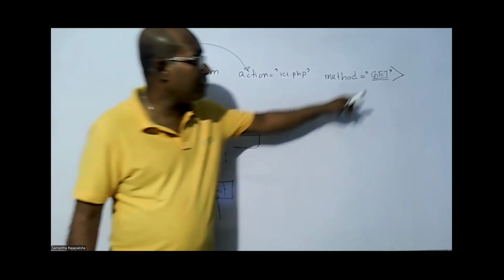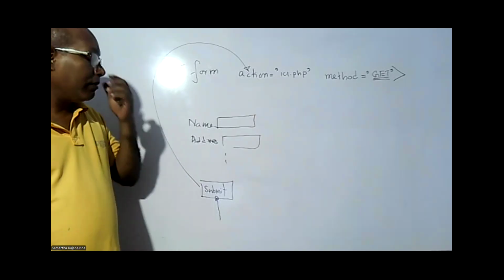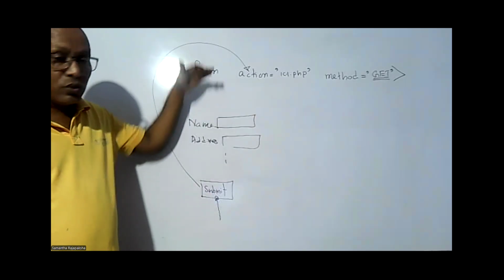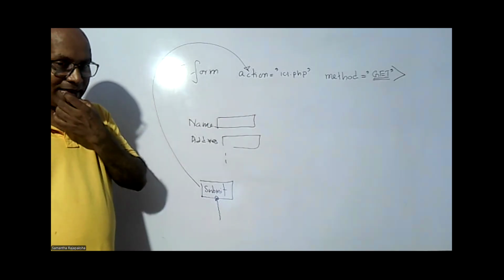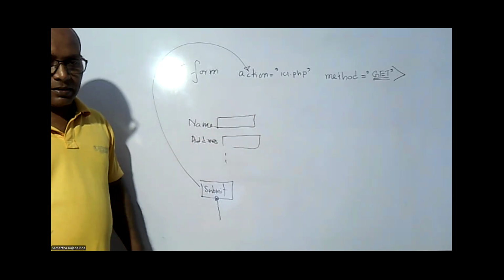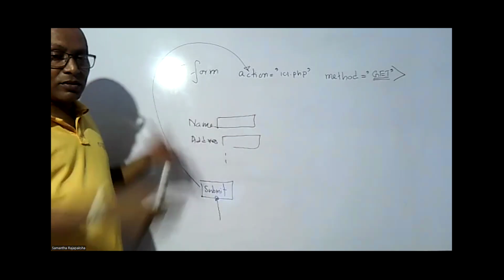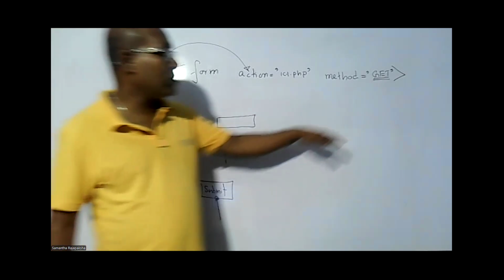If I'm using sensitive data, then in the get method, when you click submit, someone can see the username and password you have entered in the URL. In the submission URL, this username and password is visible. And there's a limitation on the size of the data you can send. Therefore, the get method is not recommended.